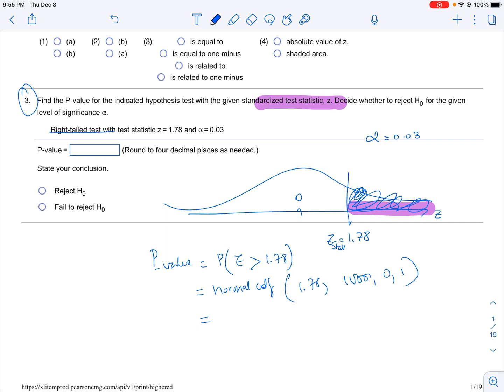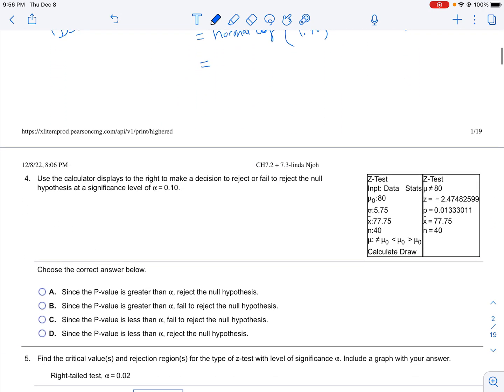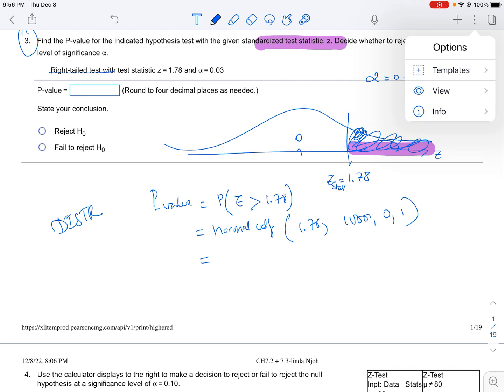So when you plug that in the calculator, we go on the DISTR. So turn on. We go on the second function, DISTR, normal CDF, 1.78. We go to 10,000 or 1,000 or even 4. That should do it. So this is our answer.